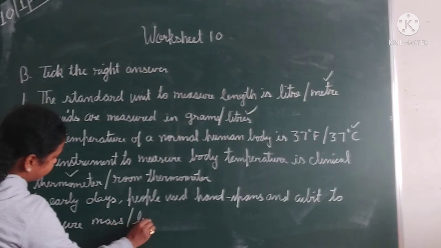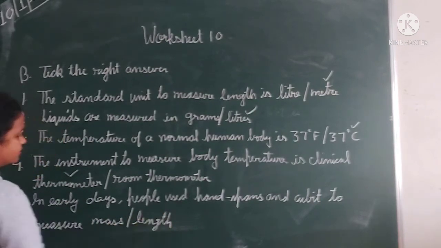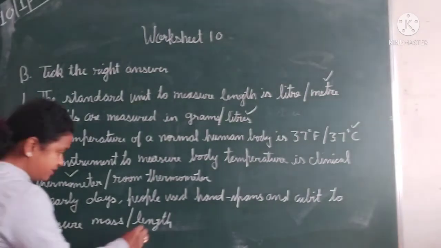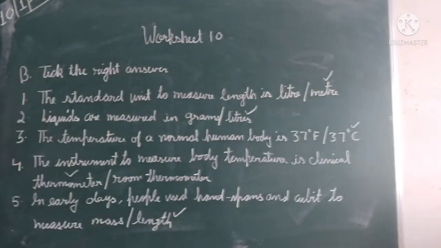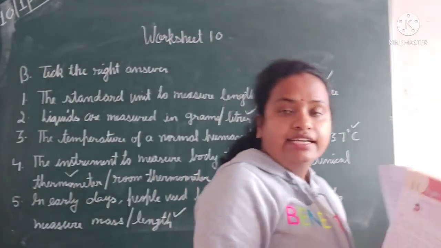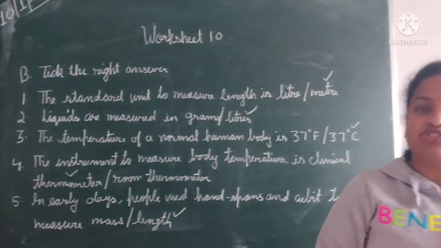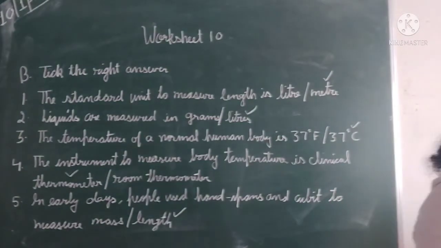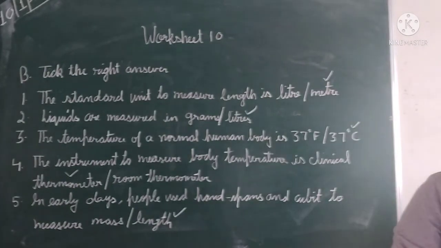What is measured by cubit or hand span? Mass or length? It is length. Length is measured with the help of hand spans and cubit. In olden days they were measured that way. Now you have correct measuring instruments to measure all this. So this is about tick the correct answer of worksheet 10.